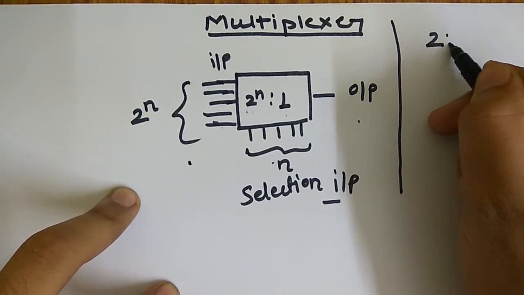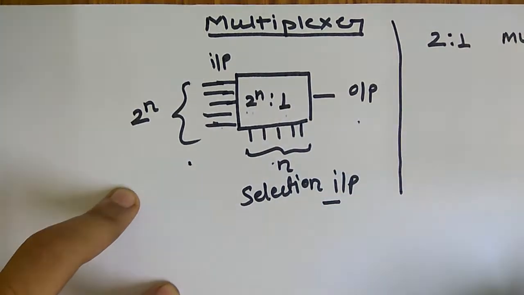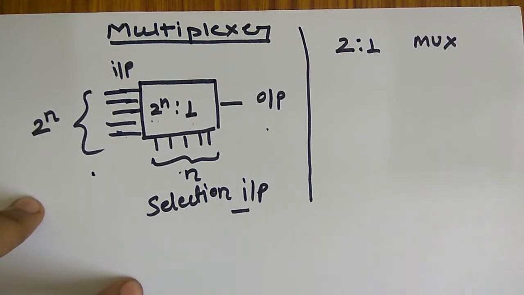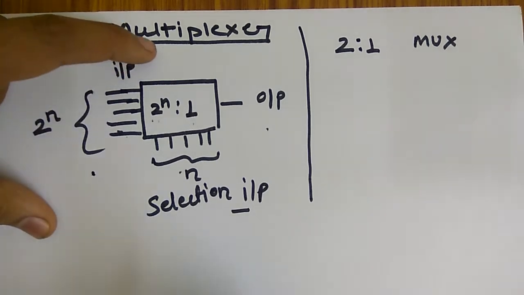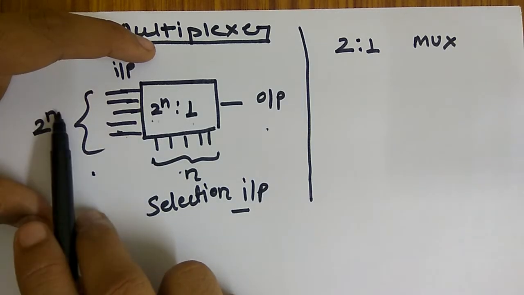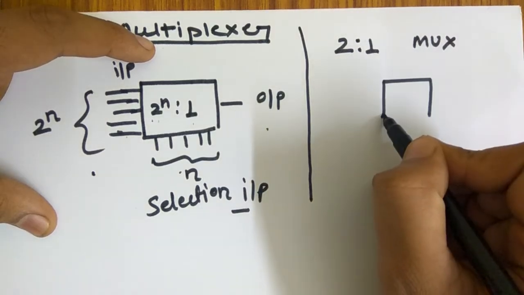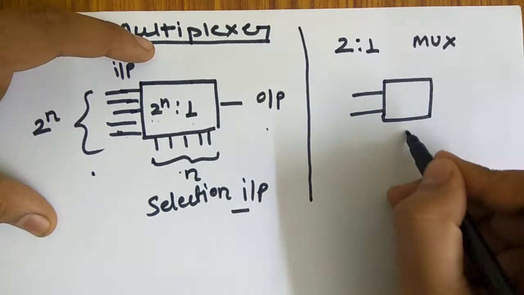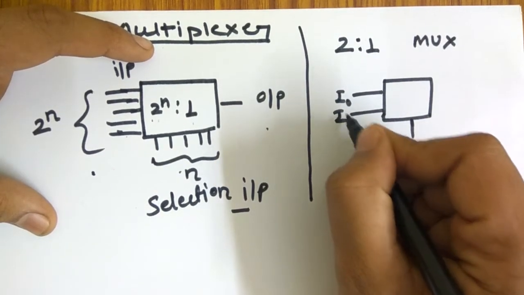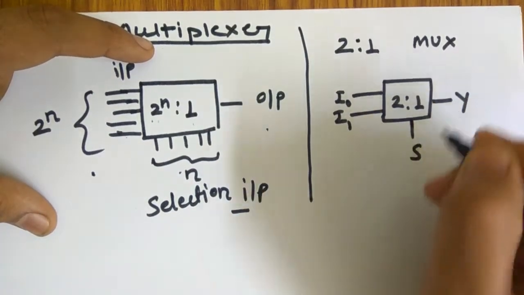It is also called a mux. In a 2 raised to 1 mux, we know that the input will be 2 because it is 2 to the power n, and the select line will be 1. So this is the select line, these are the inputs I0 and I1, and this is the output Y. This is the 2 raised to 1 mux.